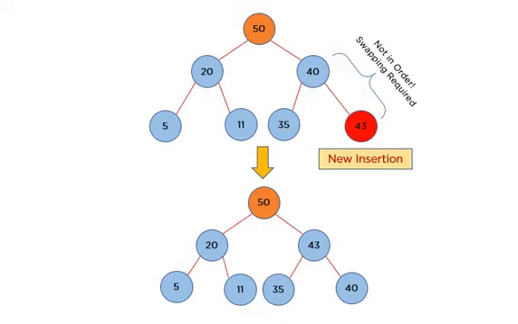So here we are trying to insert 43, as 43 is not satisfying the heap property. So we need to swap. The value of parent must be greater than the values of child nodes.